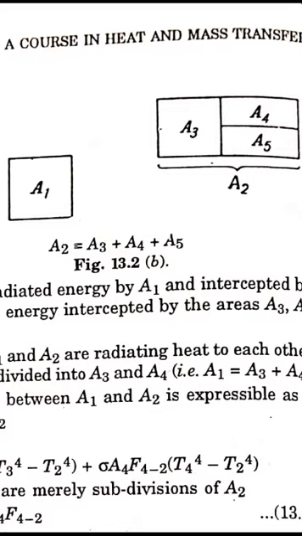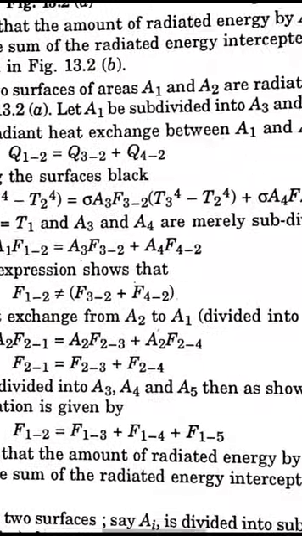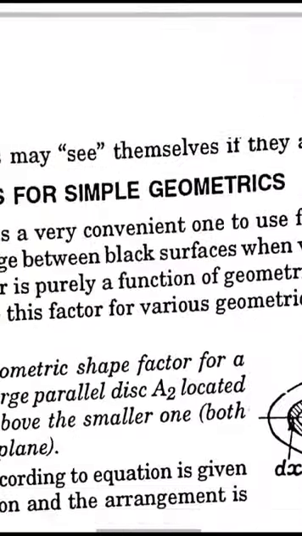F12 equal to F13 plus F14 plus F15, if 2 is made of 3 elements, 3, 4 and 5. So these are some of the properties of the shape factor. Thank you.